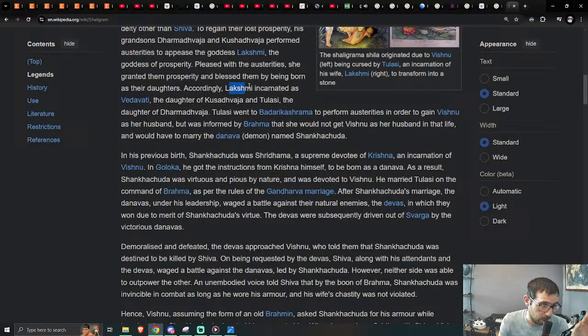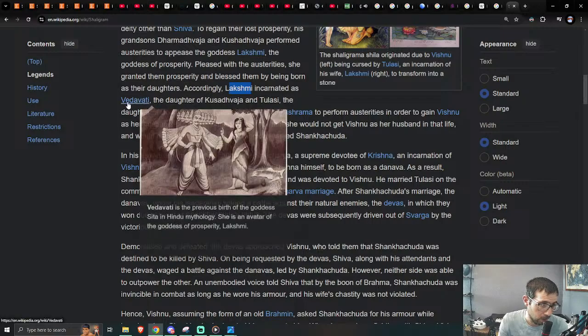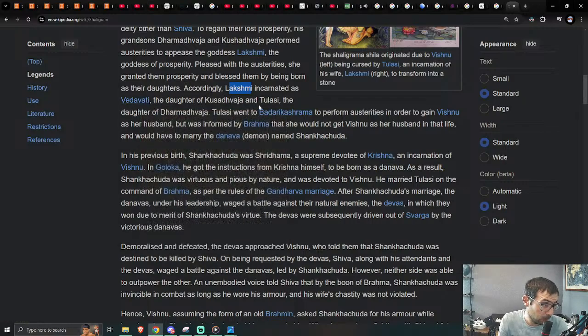So Lakshmi incarnated as daughters of both of these people, I guess.